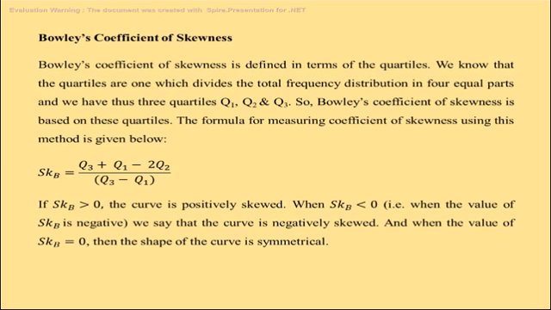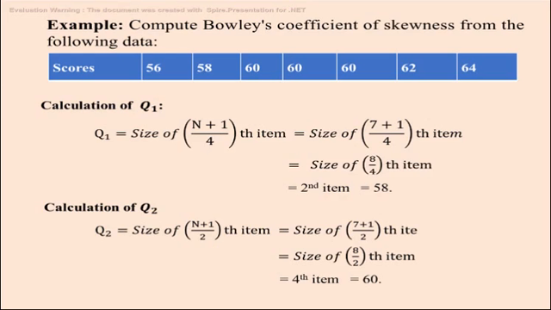In order to understand this method in a better way, let us take an example. We have scores 56, 58, 3 times 60, 62 and 64. As per the formula, we have to calculate Q1, Q2 and Q3. This is ungrouped data. The total number of observations is 7.